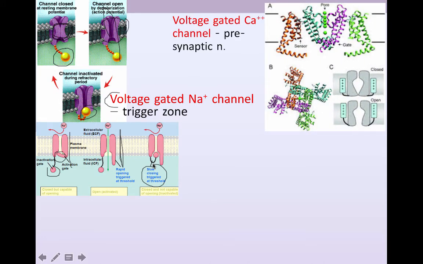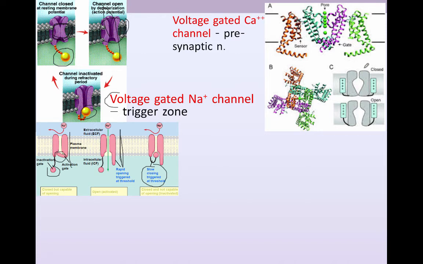Another type of gate that we have is a voltage-gated calcium channel. And so again, a change in voltage across the membrane will open up the calcium channel and allow calcium to enter the cell. Here you can see the alpha helix that makes up parts of that protein. So you see several different helices, and they're crumpled up to show the tertiary and even the quaternary form of that protein channel.